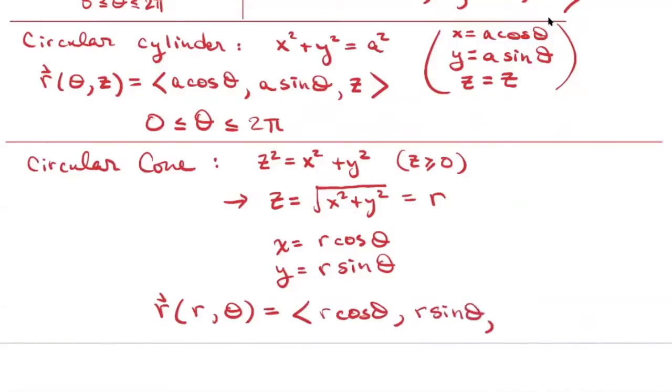And z would just be r. So that would make a cone. And then again on this, he would stipulate probably that theta would go from 0 to 2 pi. Okay, any questions about that?